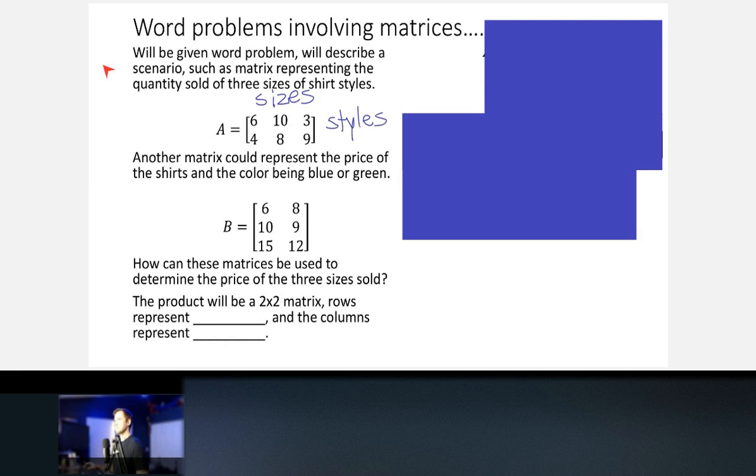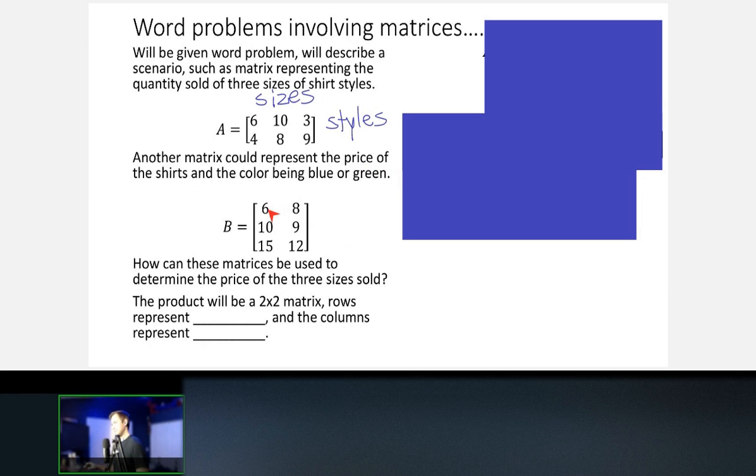So let's read it again. This represents the price of the shirts. We have to be careful, because I could see why some of you think that our headings are price and the other heading is the color.